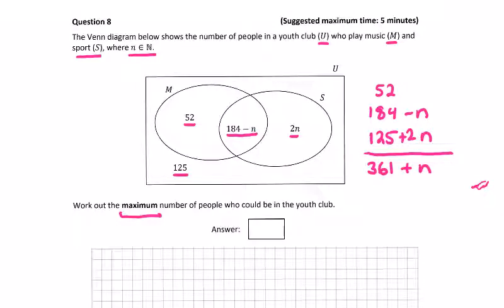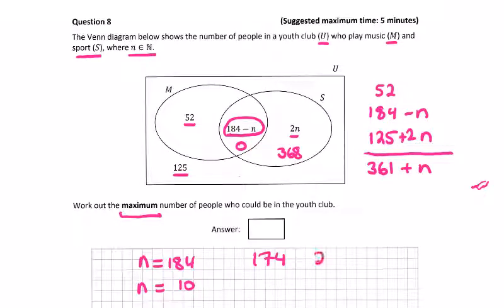So if we look inside, we have 184 minus n in here. A bit of trial and error. If n is equal to 184, we'd have 0 in here, and we'd have 2 184s, 368 in here. Just a bit of trial and error. If n is equal to, let's say, 10, we're going to get 174 in the intersection.